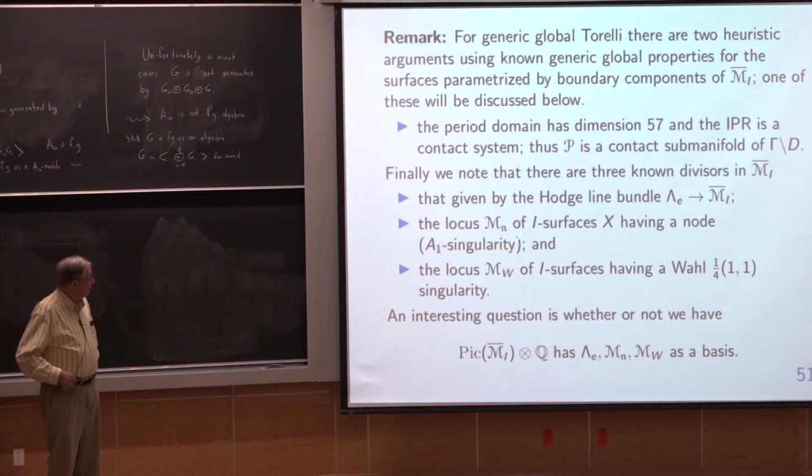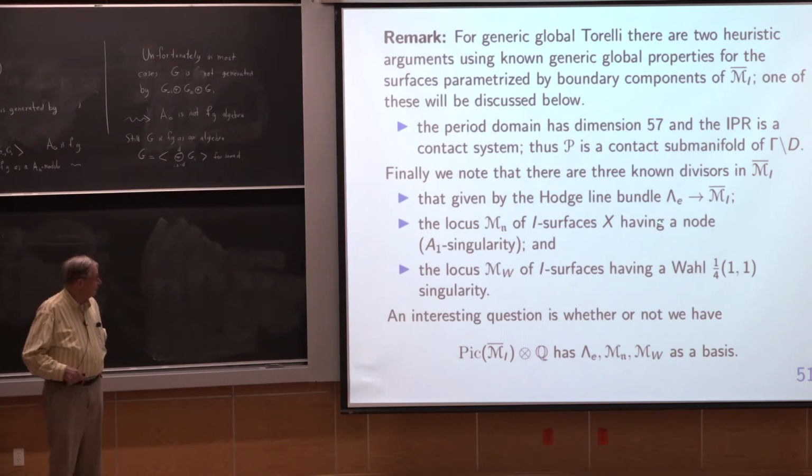There are 3 known divisors on the moduli space. The Hodge line bundle is the one whose fiber over each point is the highest exterior power of the space of holomorphic differentials on the fiber. It's the standard line bundle that comes with any family of algebraic varieties from Hodge theory.